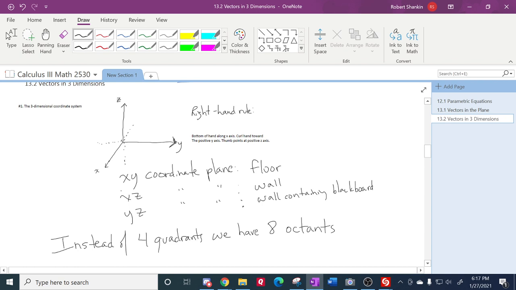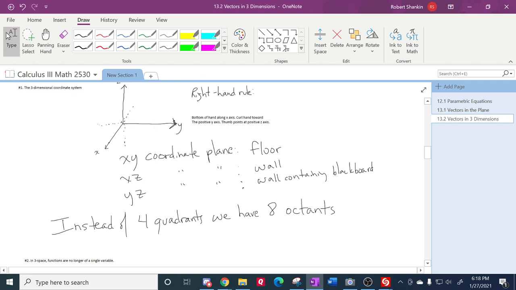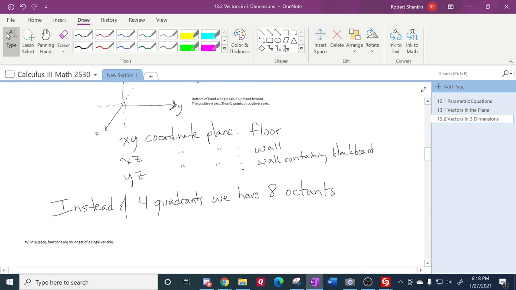Okay, so we're also used to the unit basis vectors.